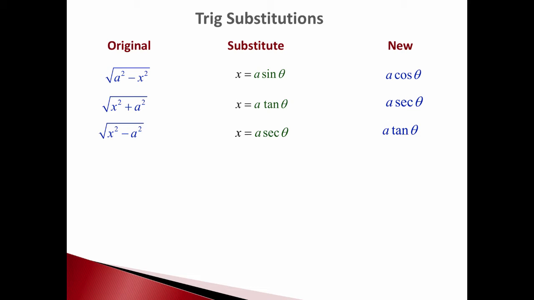So this table is something you'll want to have memorized. You'll want to know that if you have, say, a square root of x squared plus a squared, that's just screaming out for trig substitution with x equals a tangent theta, and that whole square root, the entire square root, trigonomagically becomes just a single trig function.